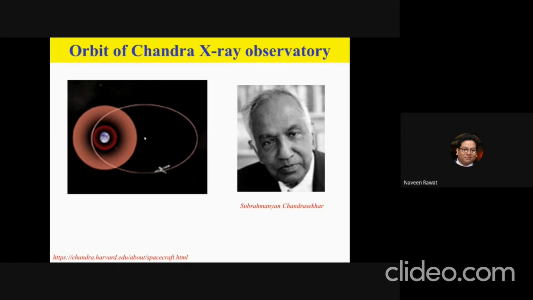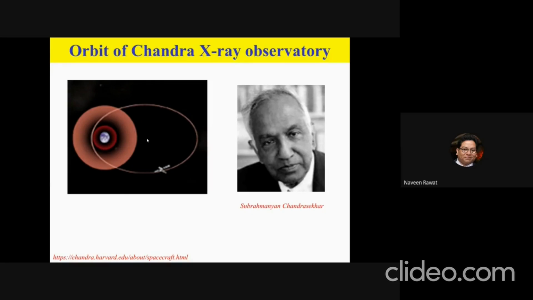What you're seeing here is the trajectory of the Chandra X-ray Observatory. It goes almost 133,000 kilometers away from the Earth, and then it comes close to the Earth at one of these positions.